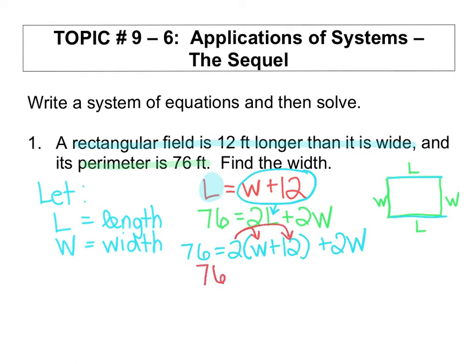We get 76 equals 2W plus 24 plus 2W. We can combine like terms, 2W plus 2W. So we get 76 equals 4W plus 24.